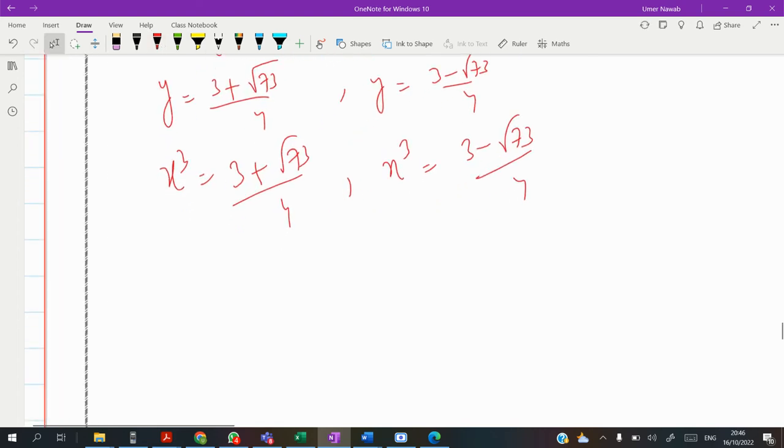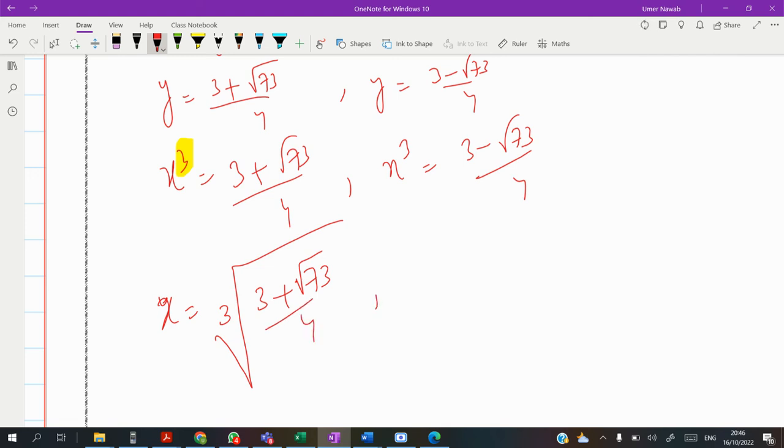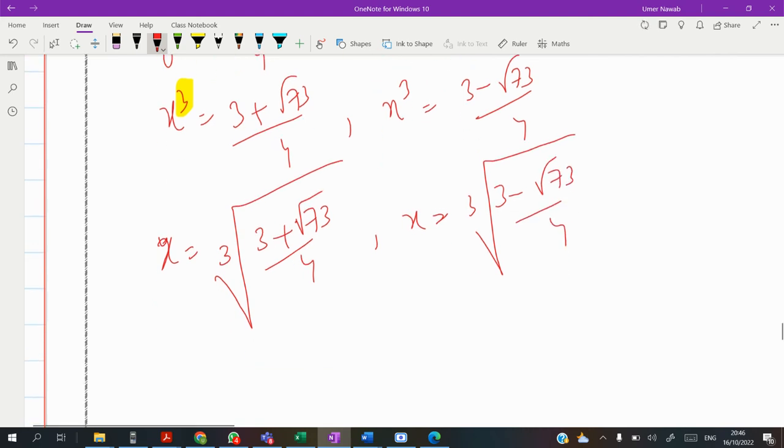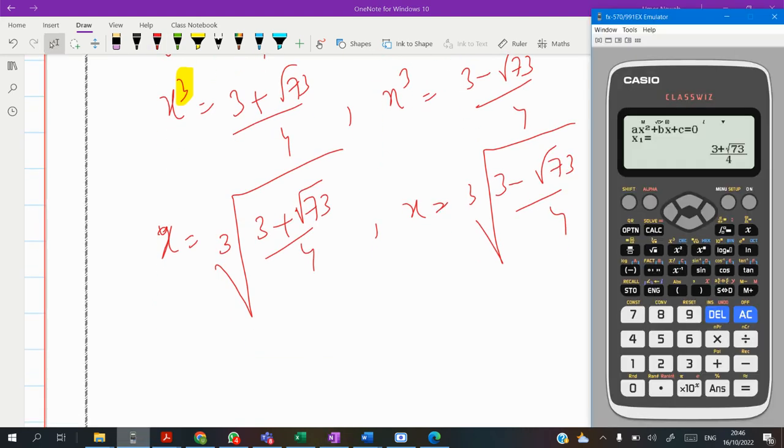Now, when the cube goes to the other side, do you know what the opposite of cube is? The opposite of cube is cube root, boys. And cube root, you write it like this. So x is equal to the cube root of 3 plus square root of 73 over 4, and x is equal to the cube root of 3 minus square root of 73 over 4. We can easily write it in the calculator. Go back to computing mode.